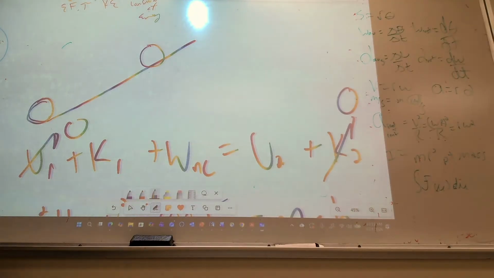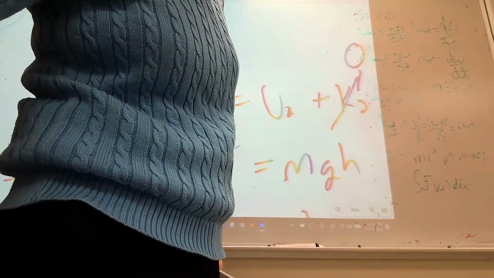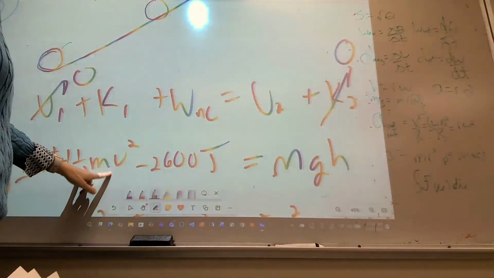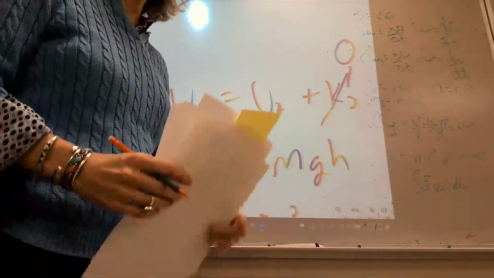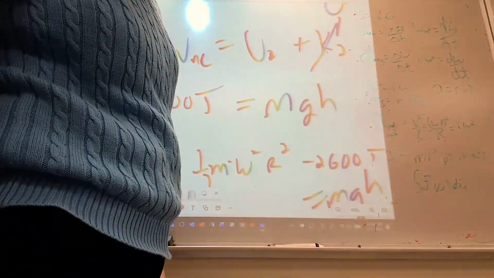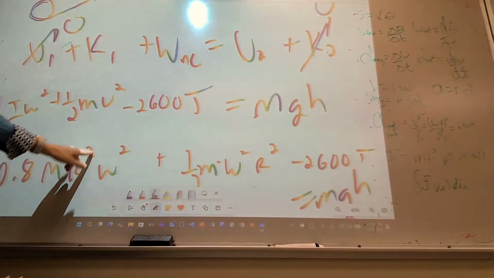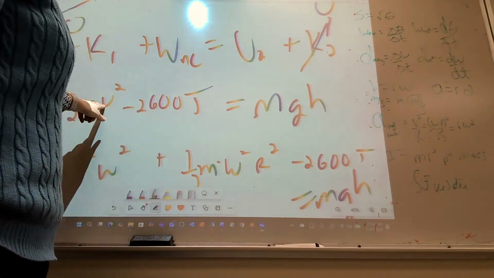So they gave you the weight, and you can get the mass from that, the 392. So I have this equation in general, 1/2 I omega squared plus 1/2 mv squared minus 2600 joules is equal to mgh. So they gave us the inertia is 0.8 mr squared omega squared.